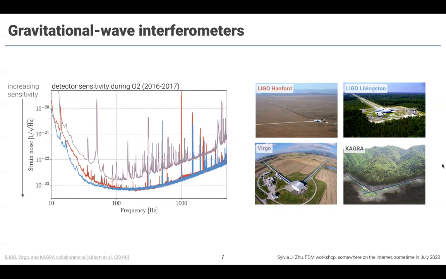But wouldn't that require that you know where the signal comes from? Do you need to have a sense of the direction of your signal? Not quite. It's a good question.